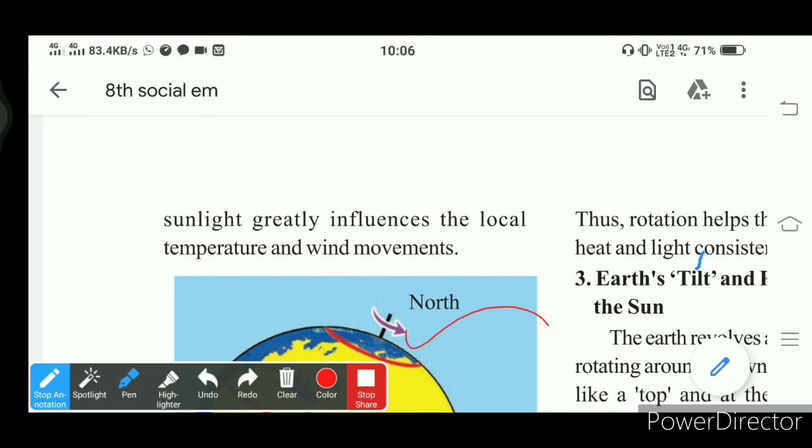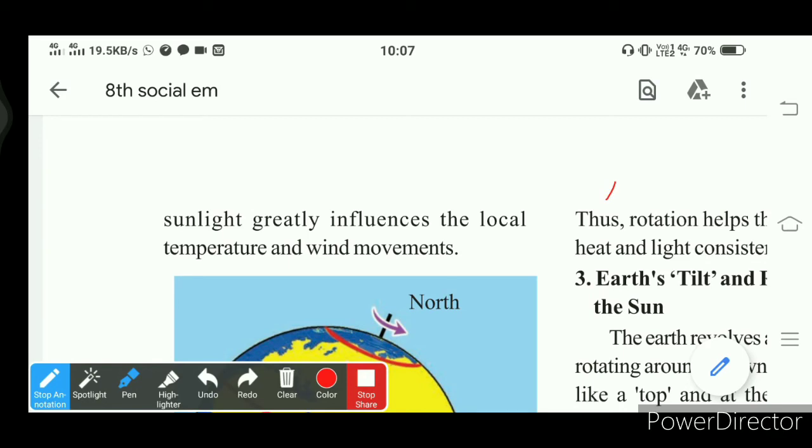This is the area where partial sunlight falls when the sun shines on the Tropic of Cancer. So there will be 24 hours of day, and no dark night or darkness for 24 hours. So it is a place which has 6 months of day and 6 months of night.